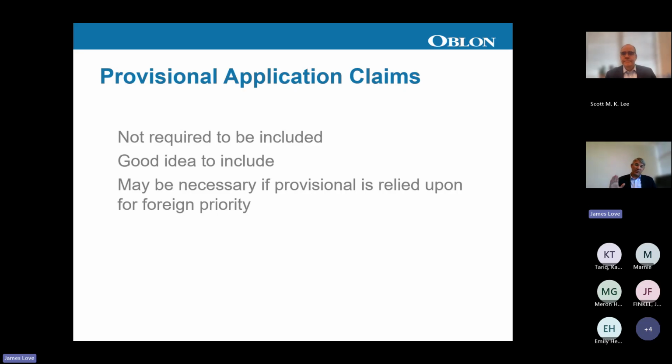Now, when we're talking about a provisional application, they're not required to be included. However, it's a good idea because if you're going to rely upon this provisional, for example, in foreign priority or even in the US, it's really a good idea to have such claims. So the best idea is to have at least one claim written up that describes your invention at a high level.